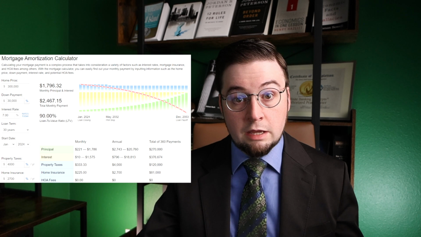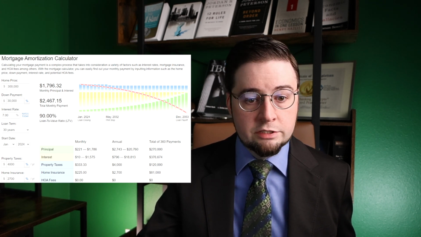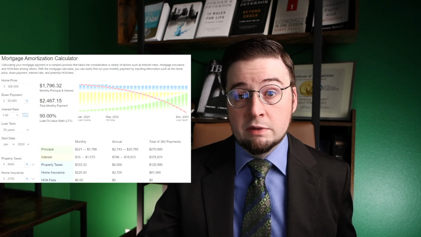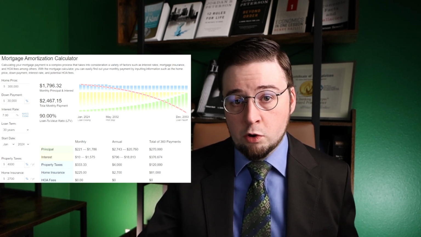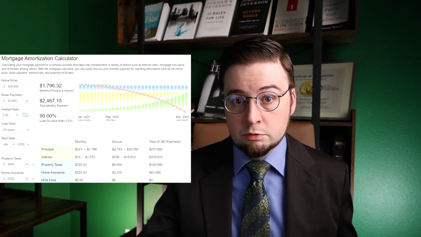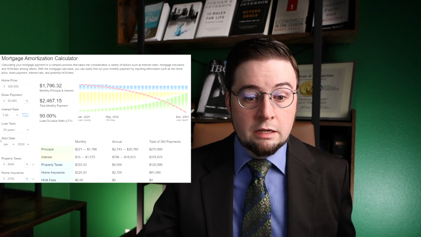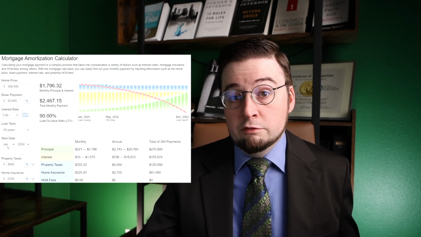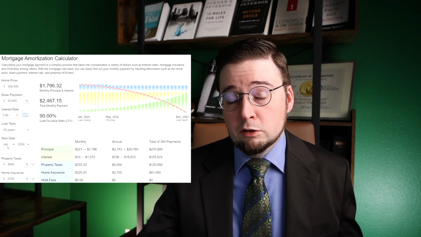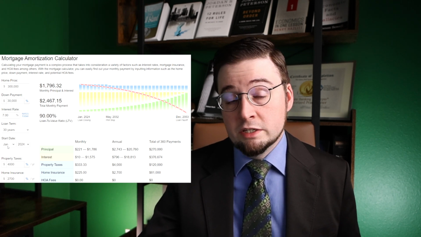As you can see, we've got a home purchase price of $300,000 with a down payment of 10%, or $30,000. We've got a 7.00% interest rate, and the loan term is 30 years. For the sake of convenience and to make calculating months easier, I put it in January of 2024.